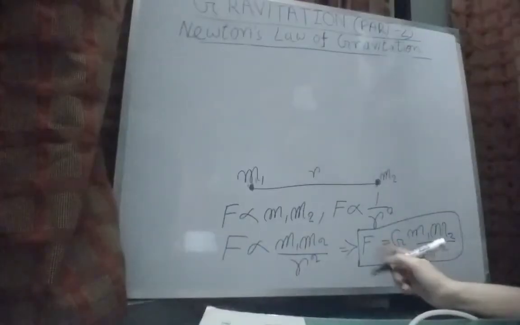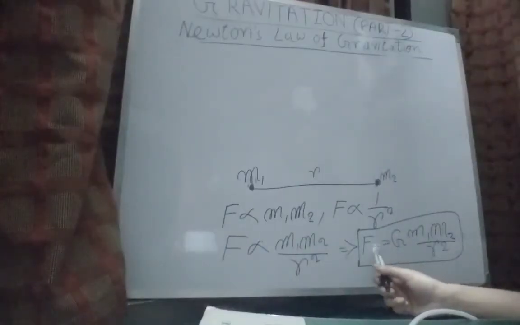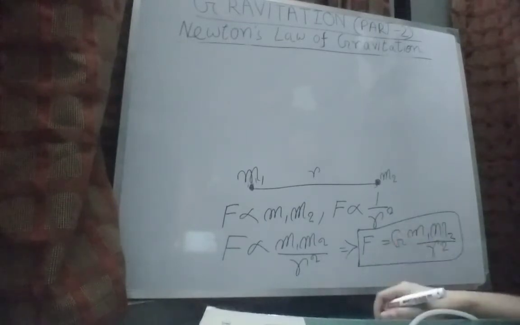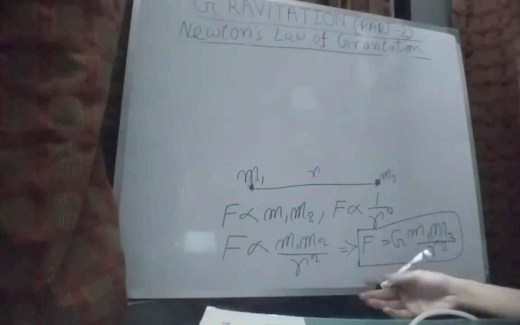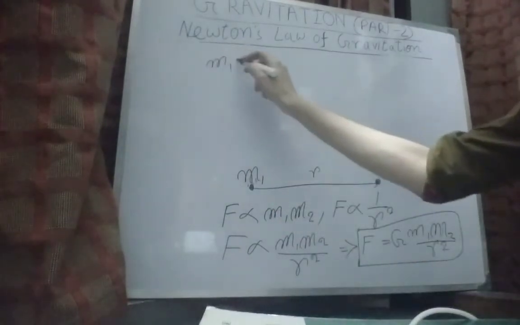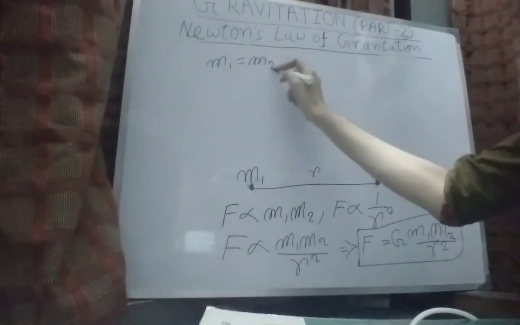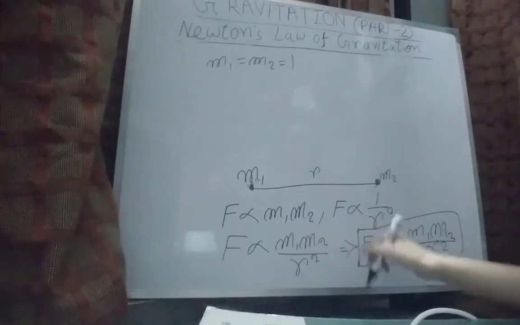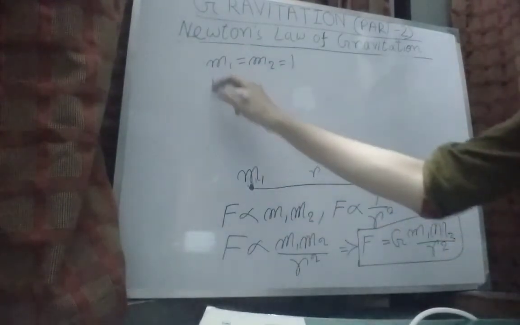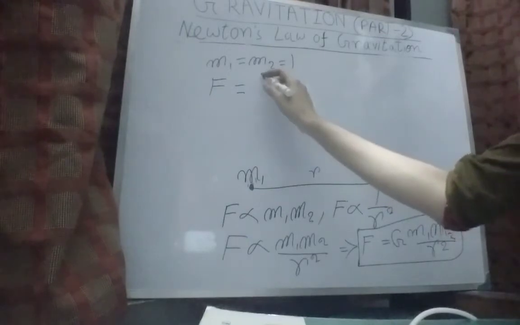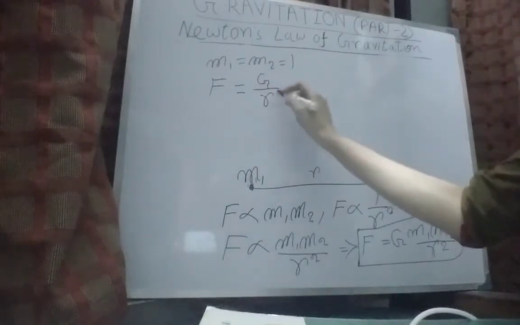Now from this mathematical expression, F equals G into m1 m2 by r square, if we consider unit masses, m1 equals m2 equals 1, then from this equation we can say that F equals G by r square.